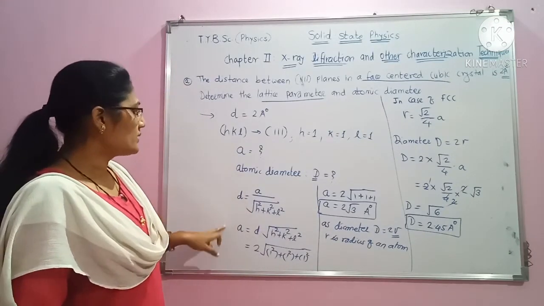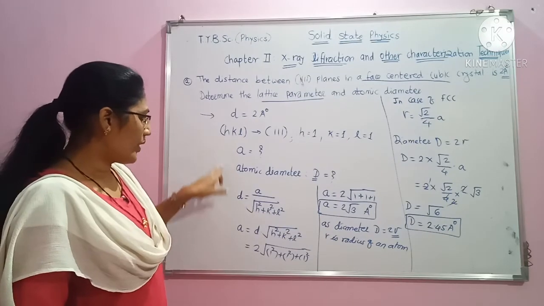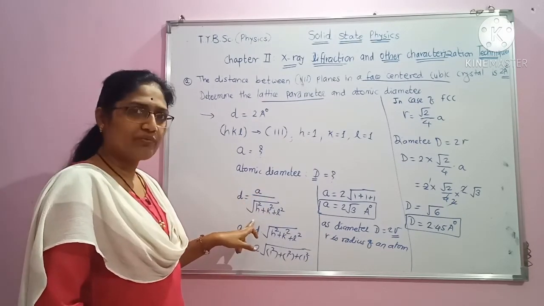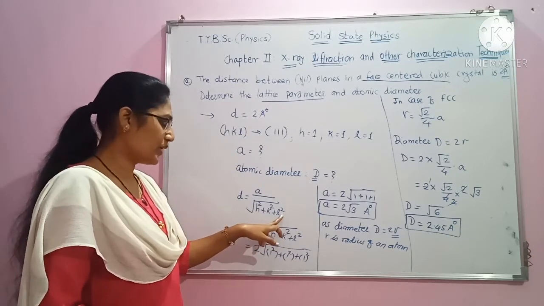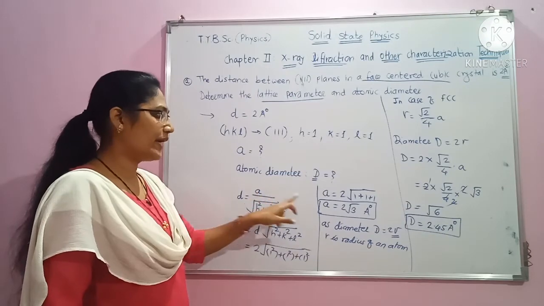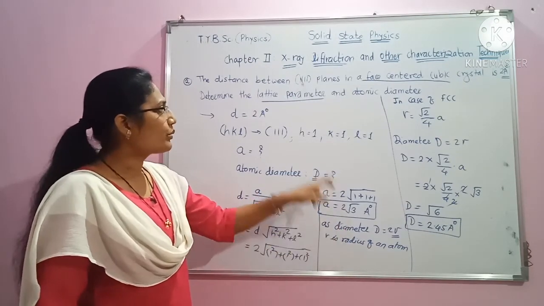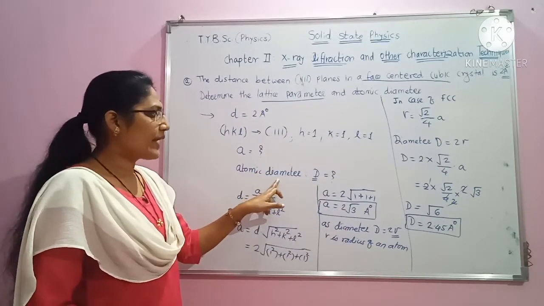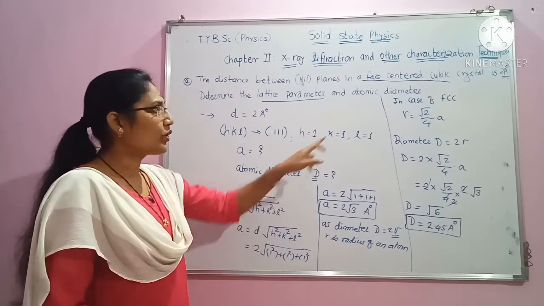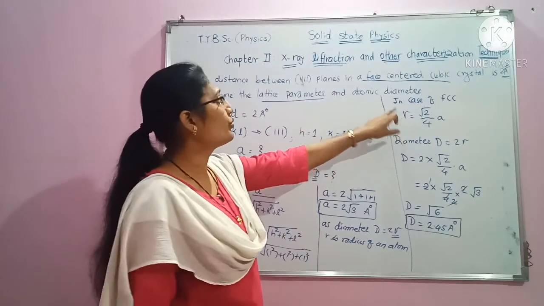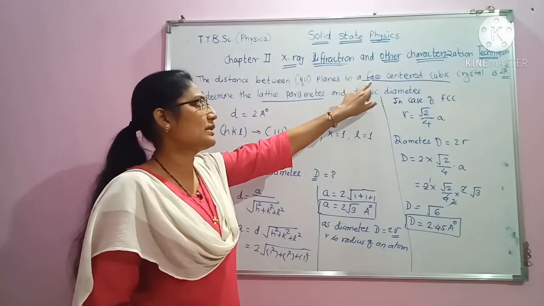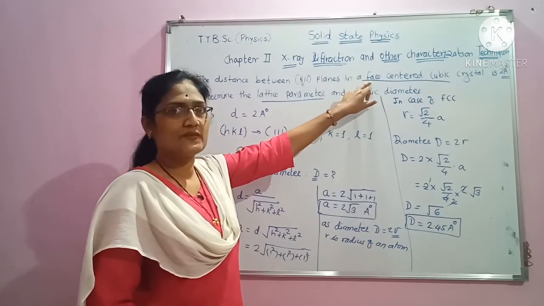In this example, we have initially used the formula D is equal to A upon square root of H square plus K square plus L square. As D and HKL values are given, we have calculated A. Then we have to find out the atomic diameter. We know that diameter is twice the radius, but in order to calculate the radius, we have used the information that the crystal structure is FCC.